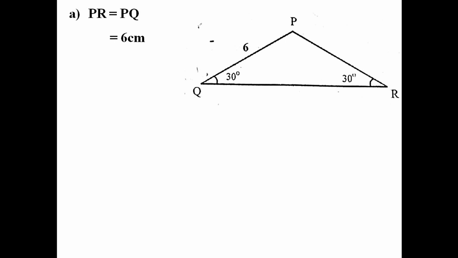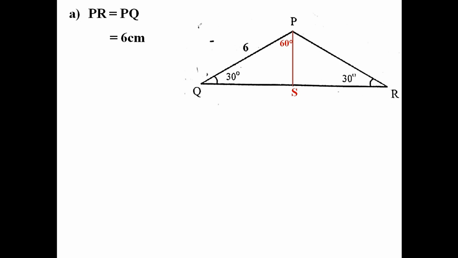Now we have to find the length of QR. For that, let me draw a perpendicular from P to the side QR. Let it be PS. Then angle QPS equal to 60 degree because PS is the perpendicular. Now let me find QS, which is the adjacent side of angle Q, and PQ is the hypotenuse.